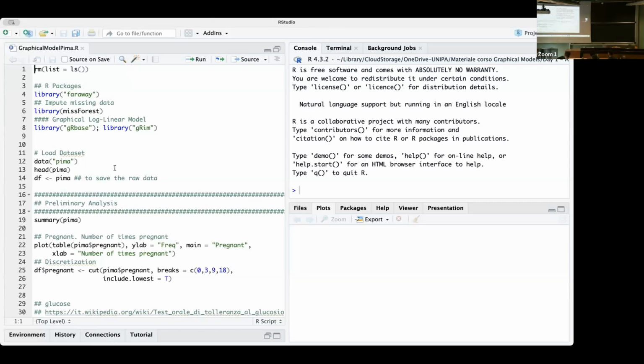I think there is a choice between the two log linear models, so we describe the second one as a graphical model, or is it possible to describe the first one as a graphical model too? No, it's okay. The hierarchical log linear models contain the graphical log linear models.